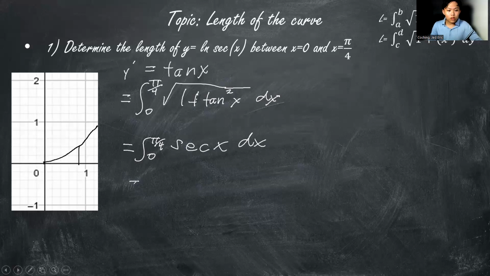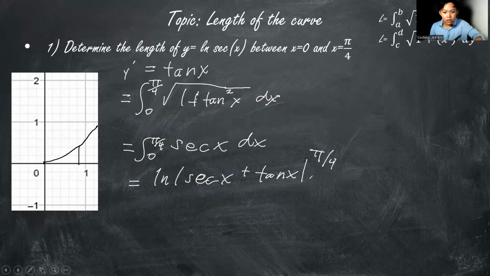Okay, so if we find that, it's going to become ln of sec x plus tan x, from pi divided by 4 to 0.